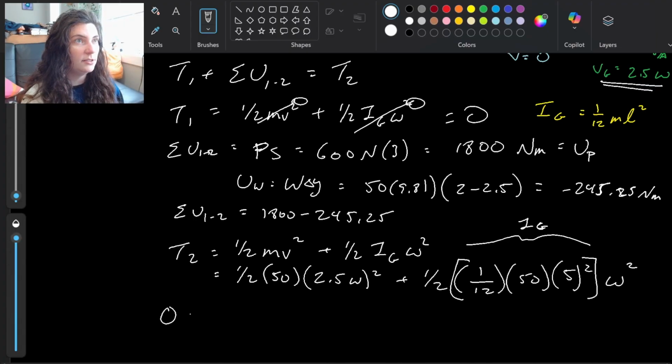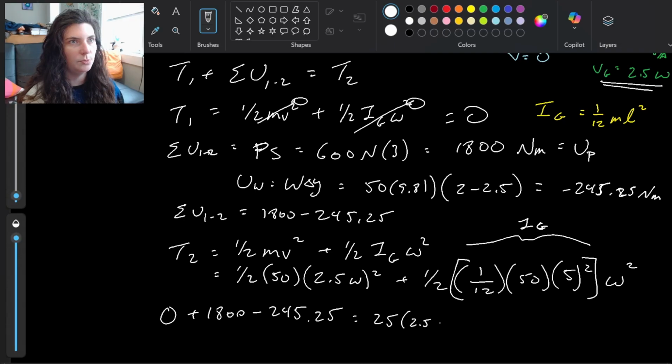And we get 0 plus 1800 minus 245.25 equals, and then I can multiply this out some, 25 times 2.5 times omega squared plus the rod term.